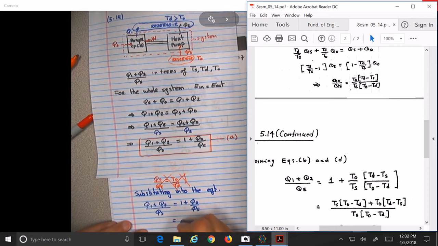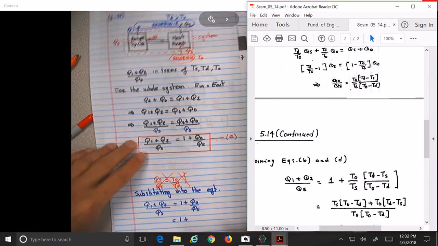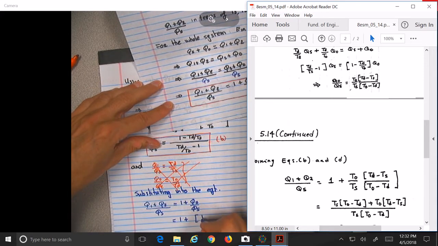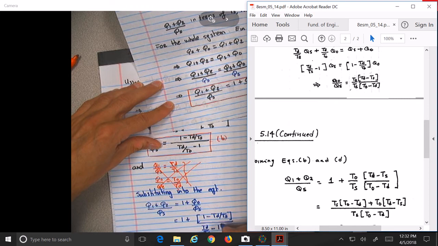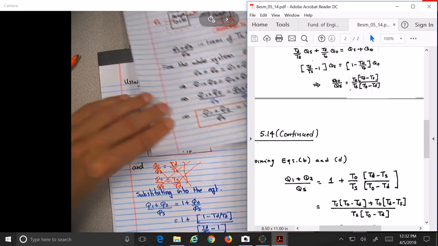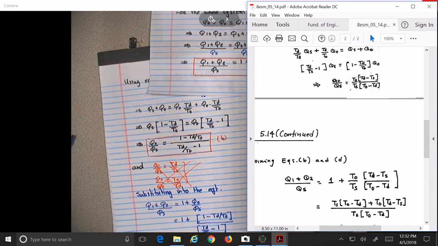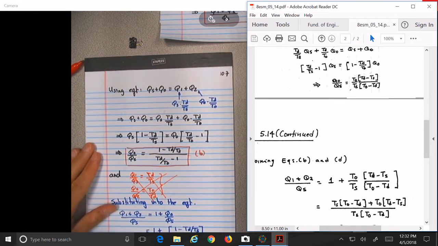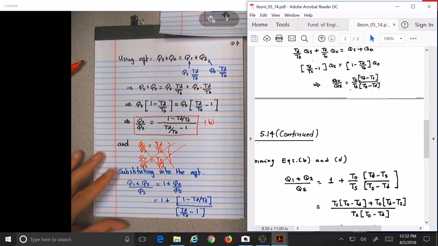So this would be equal to what? 1 plus, I'll let you do the algebra, 1 plus 1 minus TD over TS divided by TD over T naught minus 1. Okay, sorry for that, but at least you see that problems sometimes don't come right away, okay? We need some work to go around.